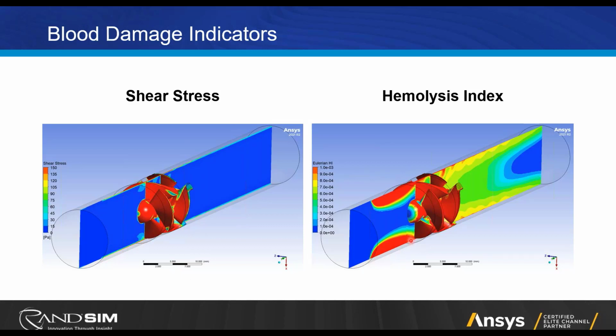Its exposure time to these relatively high values of shear stress is what's captured here, which you would miss if you're just looking at shear stress. You can also see downstream of the device the wake effect and the swirling. Even though it's less severe than upstream, it's still significant enough that hemolysis is a potential issue there.